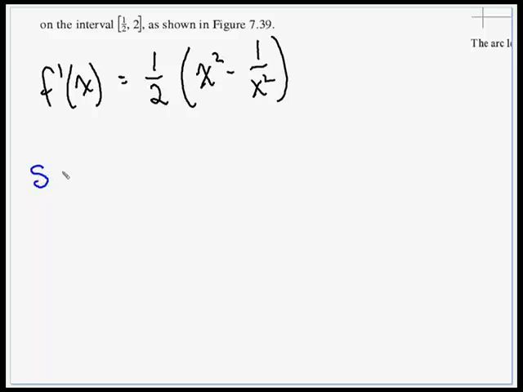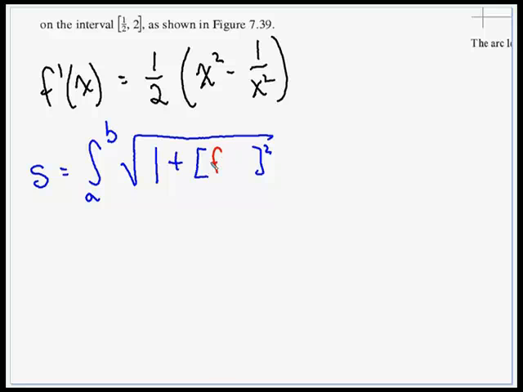So our arc length formula is s equals the definite integral from a to b of, and we have a radical. Under the radical is 1 plus a quantity squared, and what that quantity is is our derivative, f prime of x. So let's plug in the numbers from our problem.